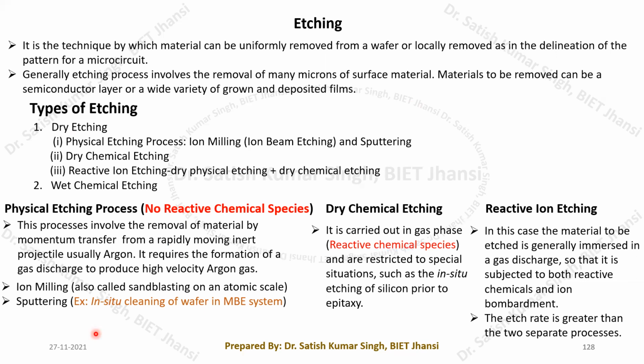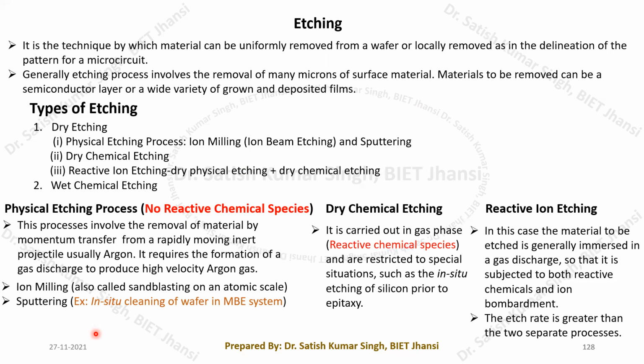Okay, because it is a dry etching technique, what we generally do is use argon gas, and then we send these argon ions towards our wafer, and it will be able to remove a certain layer from the wafer.